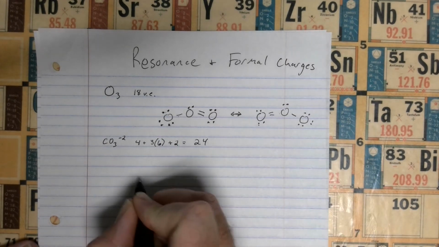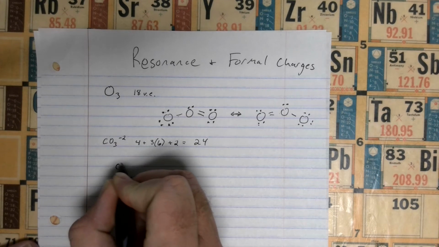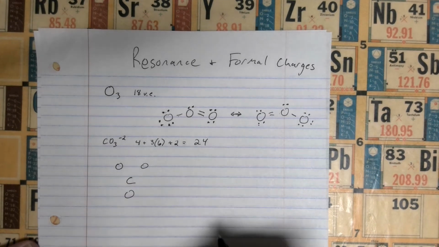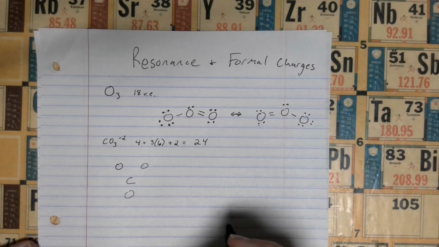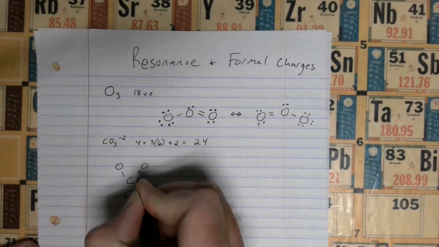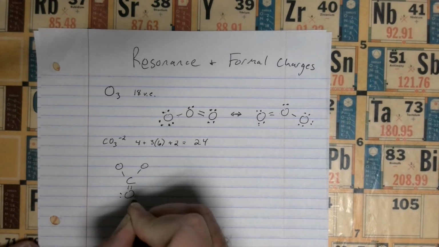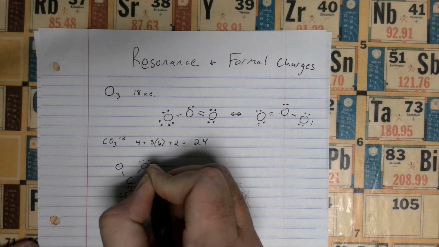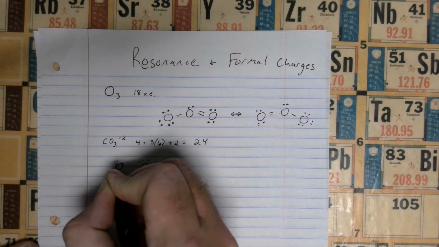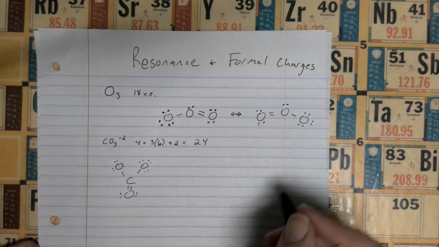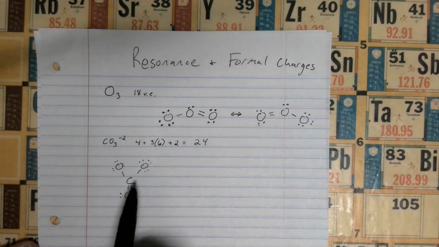Okay, and so it's going to be C O O O, and it's going to look something like this. There's going to be a double bond on one of the oxygens. The other oxygens are going to be like that. But again, this double bond could be here, or it could be there.